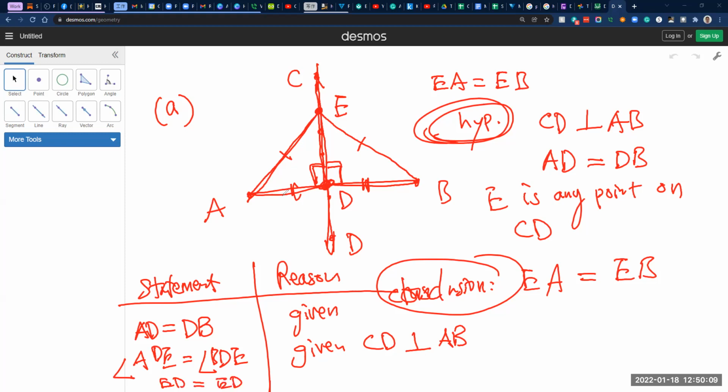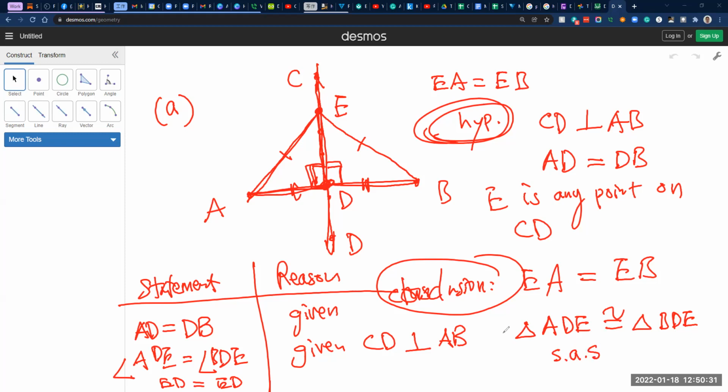And so therefore we got what? Side, angle, side. So triangle ADE is congruent to triangle BDE, based on side, angle, side.